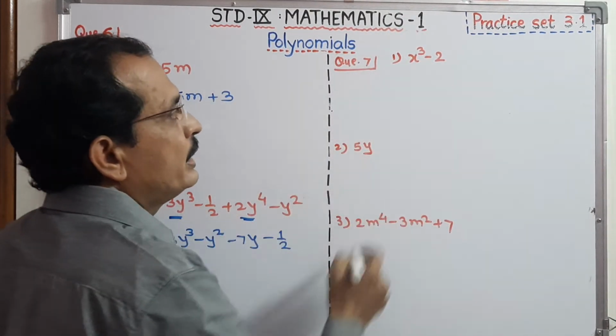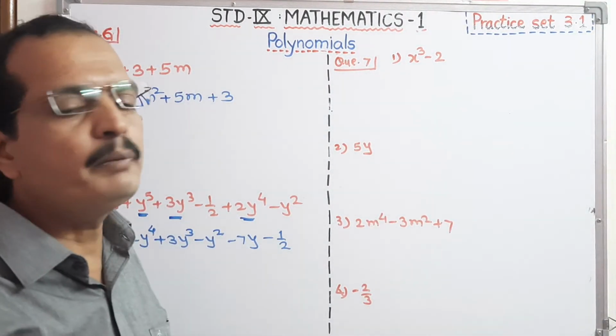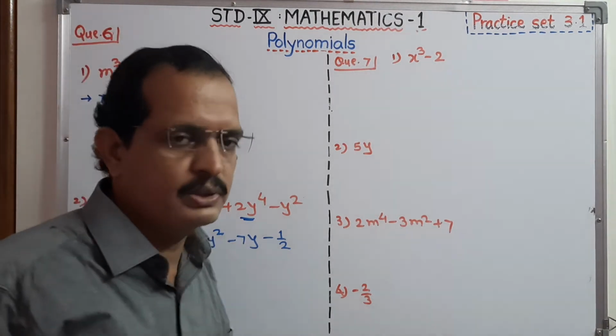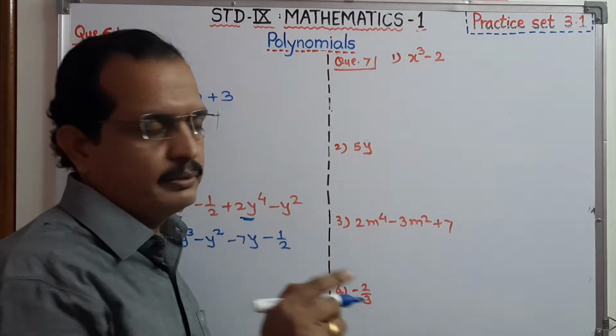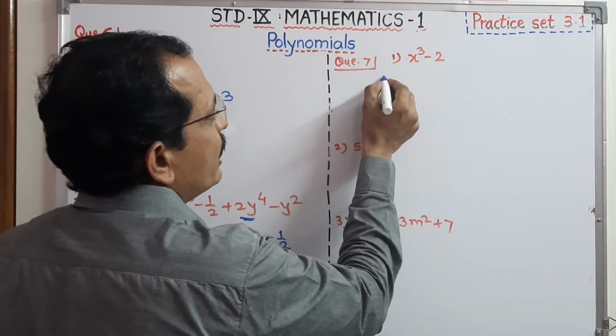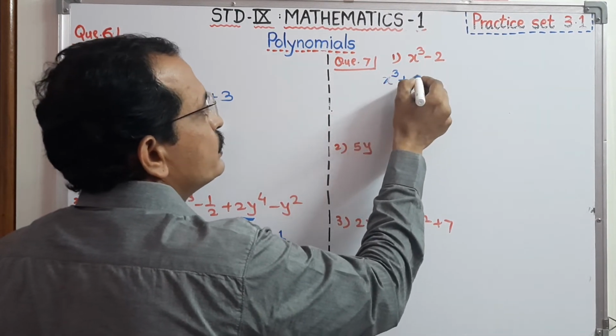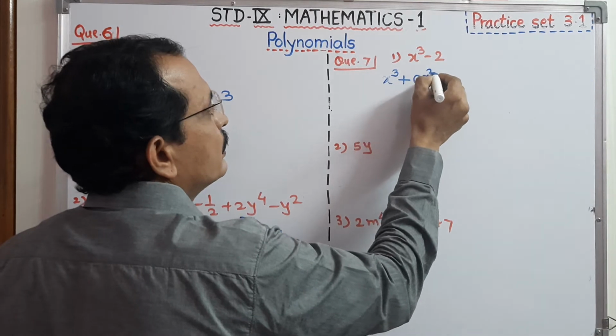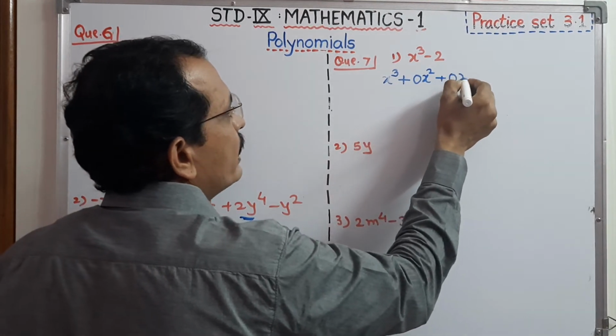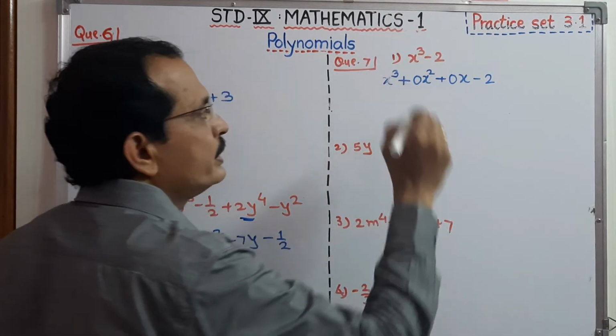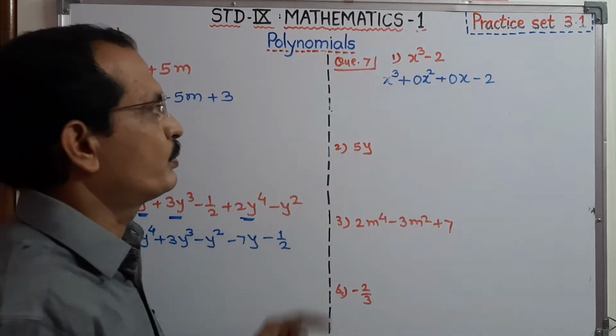Now tell me, degree is 3. That means it must contain 4 terms. 2 terms are missing. Therefore we write x cube plus 0x square plus 0x minus 2. This is the standard form.